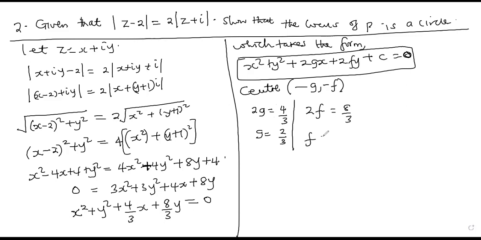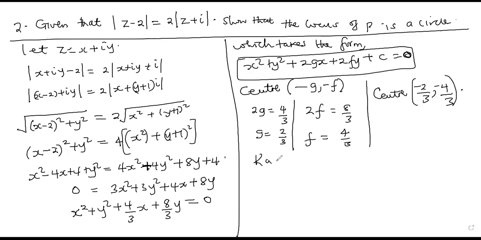So your value of f is going to be 4 out of 3. Then now looking at this, we can get our center. Since it is negative g, it will be negative 2 out of 3, comma, negative f, which will be negative 4 out of 3. That is the center.